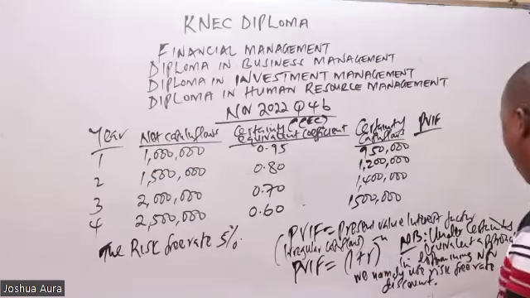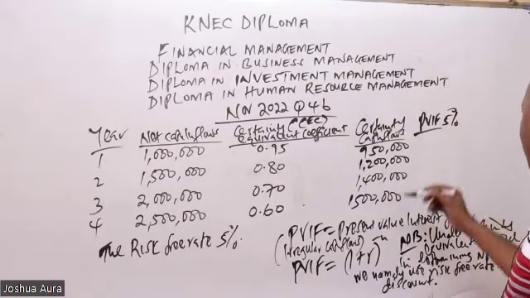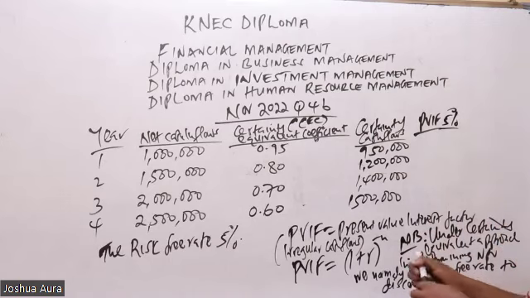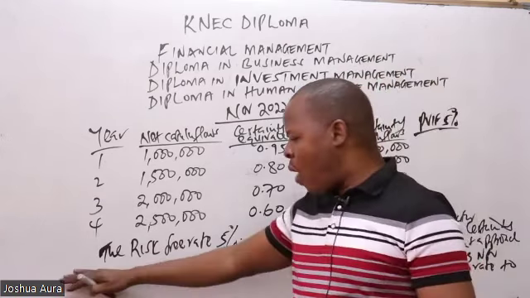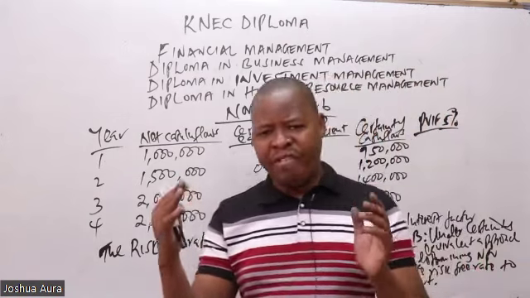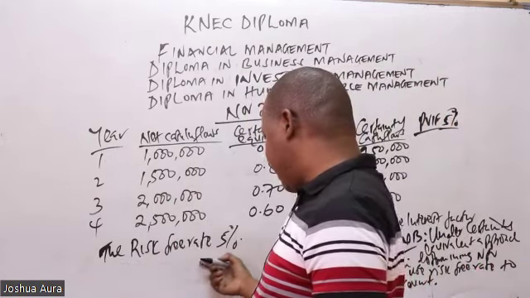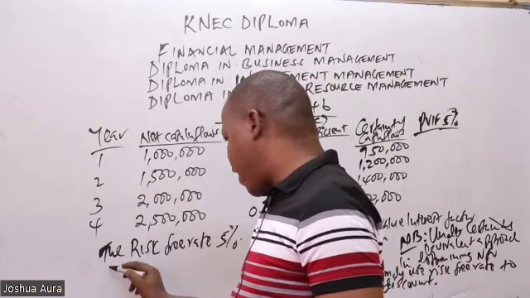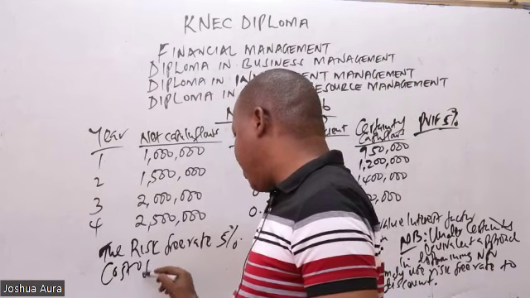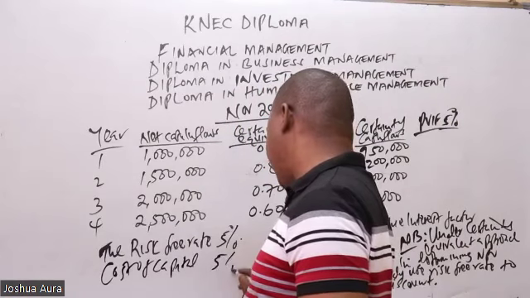So here, our rate will be 5%, the risk-free rate. Maybe if the examiner wants to confuse you, he can give you the risk-free rate as 5%, and then also give you the cost of capital, maybe still at 5%.